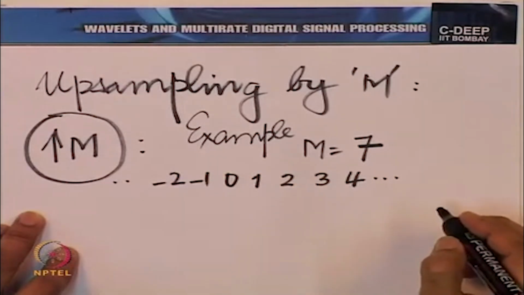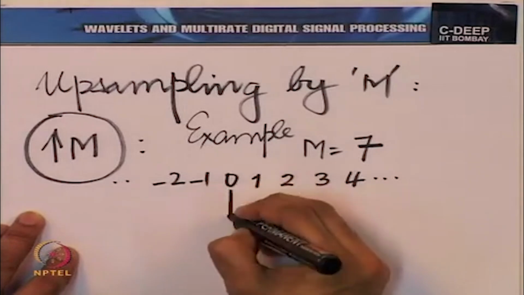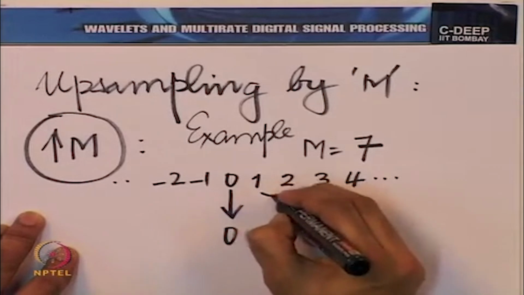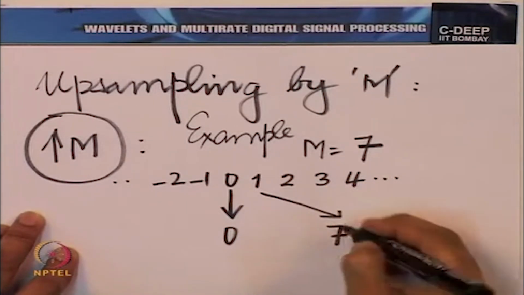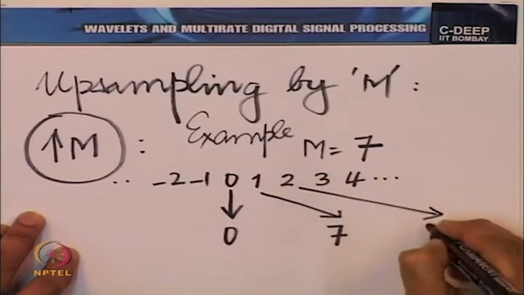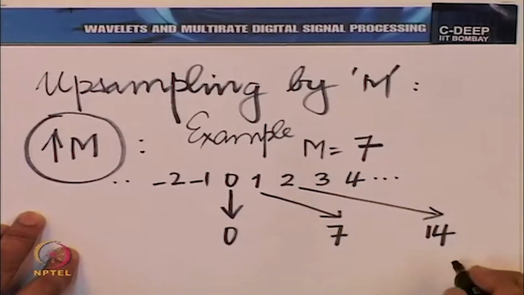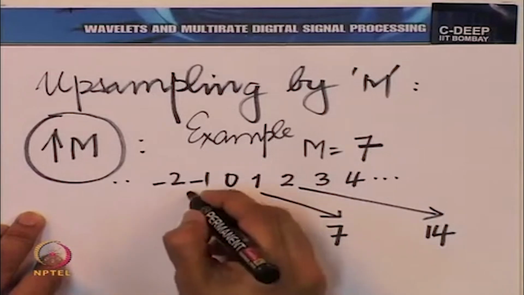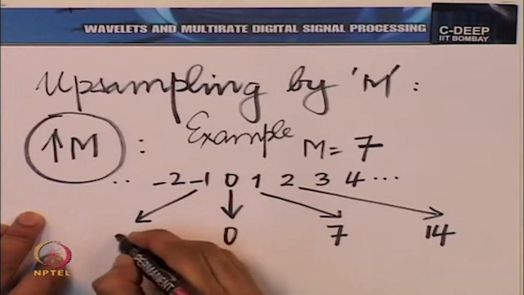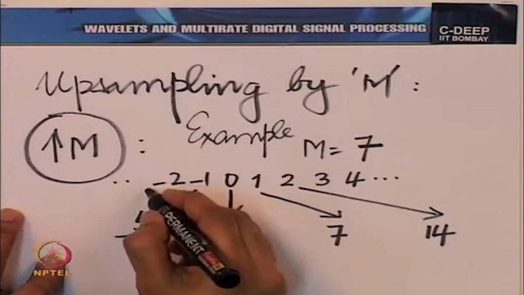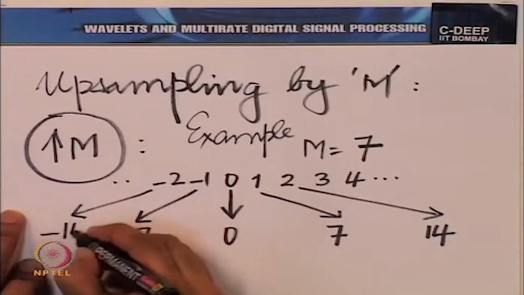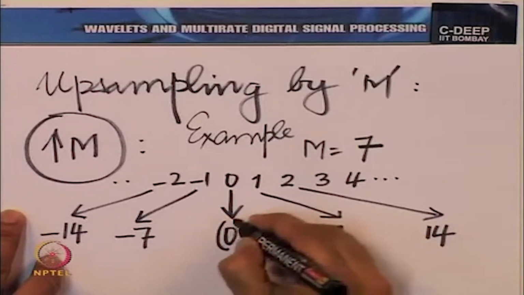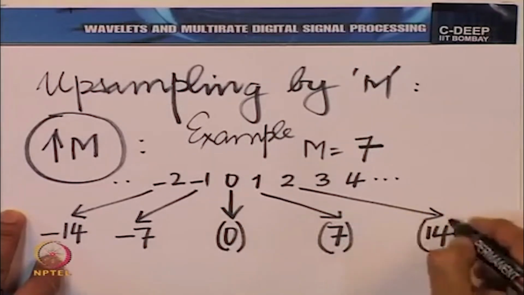Here, when you upsample by 7, the 0 sample goes where it is to 0, the 1 sample would go to 7, the 2 sample to 14 and so on and so forth, the 3 sample to 21, the 4 sample to 28 and the minus 1 sample would go to minus 7, minus 2 to minus 14 and so on and so forth. And of course, in between, so I will put brackets around these just for clarity here.